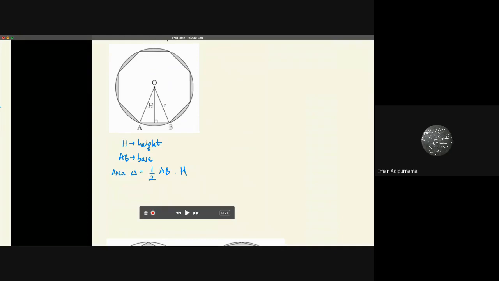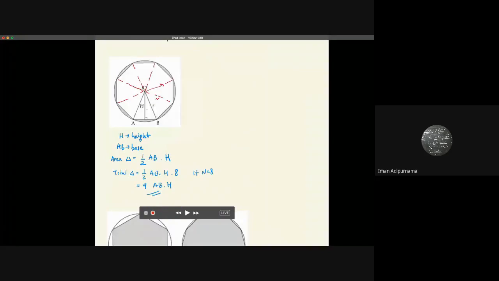If I'm making 1, 2, 3, 4, 5, 6, 7, 8, it has 8. So the total of the triangles is half AB h times 8, right? So I get around this number for the total triangles inside the circle, if n is equal to 8.